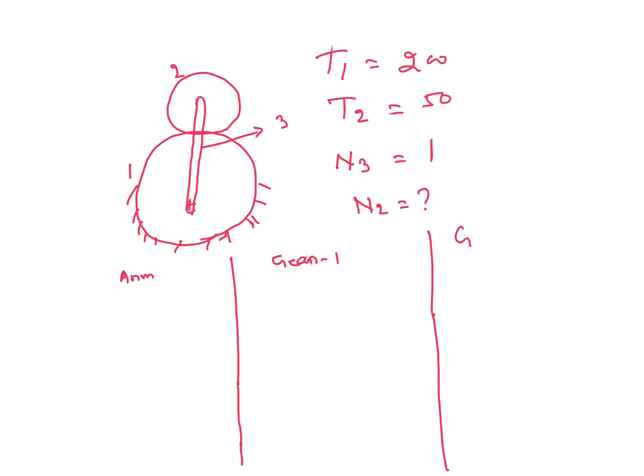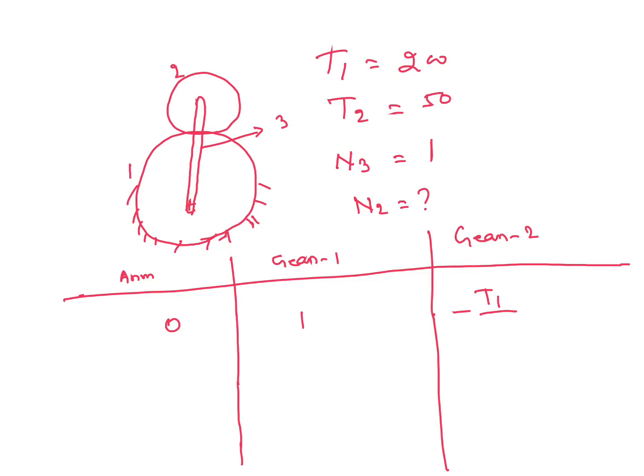Gear 2: 0, 1, external arrangement, so minus T1 by T2, 0 x minus x into T1 by T2, then add y plus 0, y plus x, y minus x into T1 by T2.